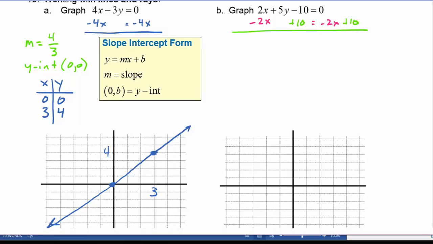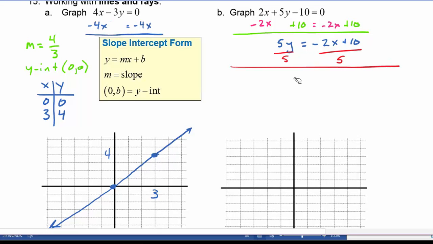So now we have 5y is equal to negative 2x plus 10. We're going to divide both sides by 5. And now we have y is equal to negative 2/5 x plus 2.